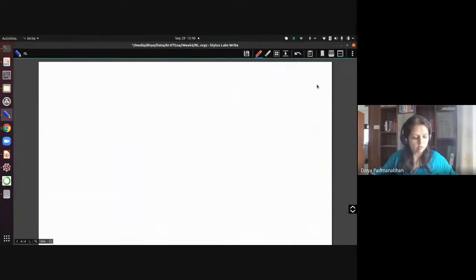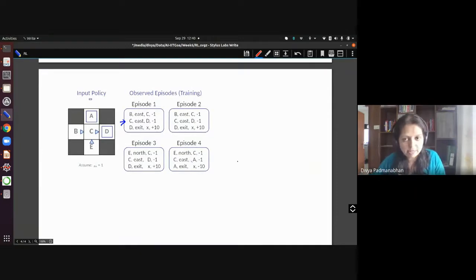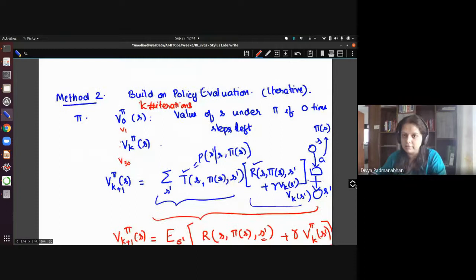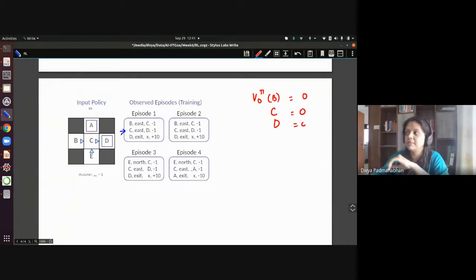So now you have all this data. I'm just going to show you some iterations of this method. V0 pi of B, C and D, I'll fix all these as 0, right? There were 0 time steps left and this is what the values were.